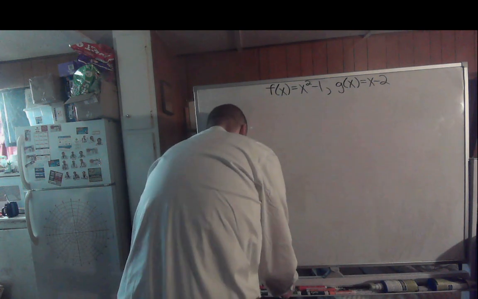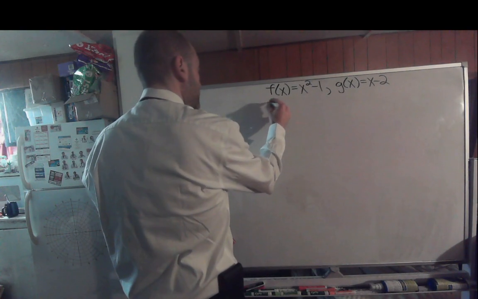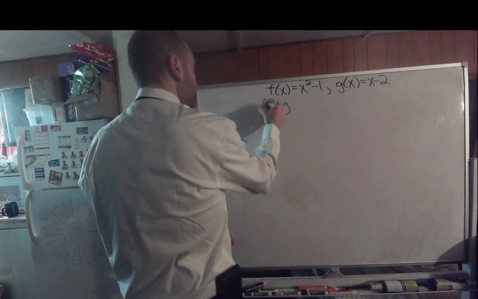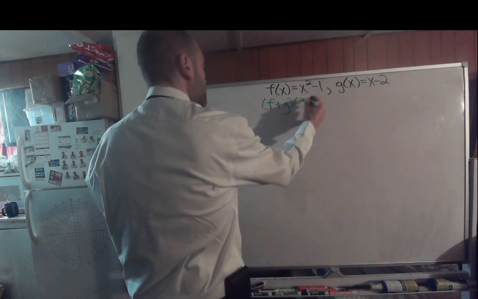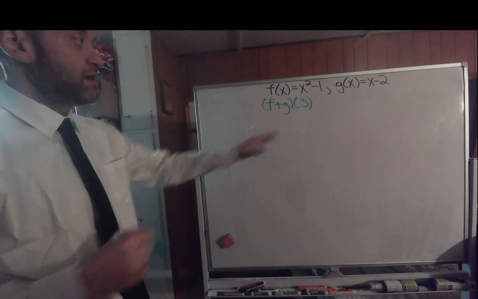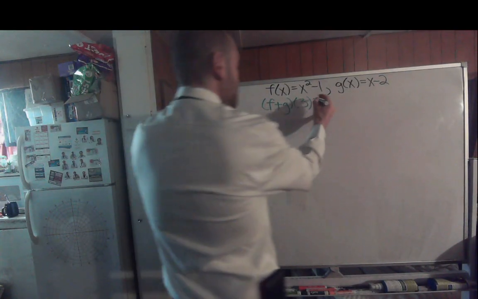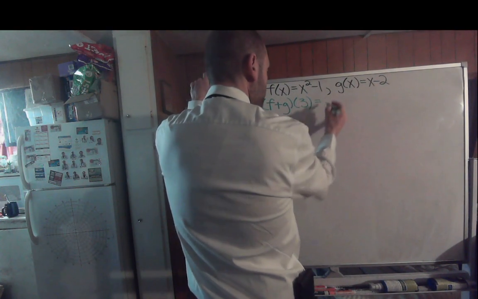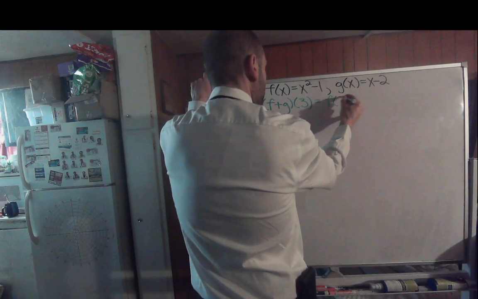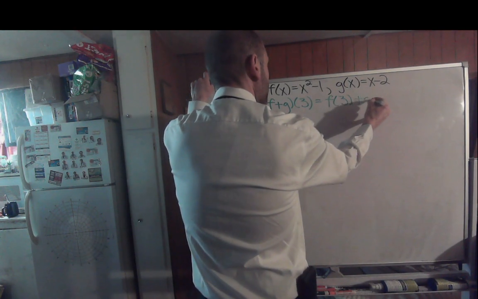So here's where it's going to change a little bit. We're going to find f plus g of 3. So how do we do that for a number? How do we find f plus g of 3? Well, that's no different than f of 3 plus g of 3.